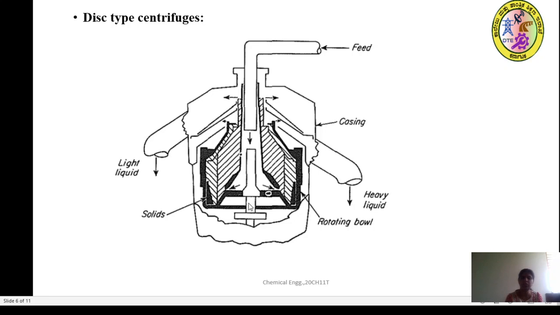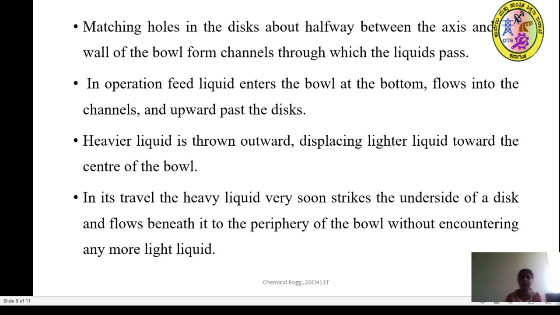So it moves upward and downward, displacing the lighter liquid towards the center of the bowl, and the heavy liquid soon strikes the undersides of the disc and flows beneath it to the periphery of the bowl without disturbing or encountering any more light liquid.